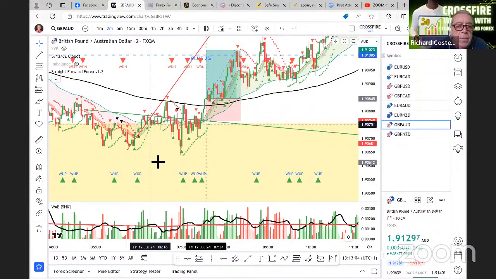However, the cloud was still red, but the red line was making its way back to the green line. And so there was a chance that price might change direction at some point. And it did briefly at that point. But I wasn't going to get in whilst price was still moving sideways.